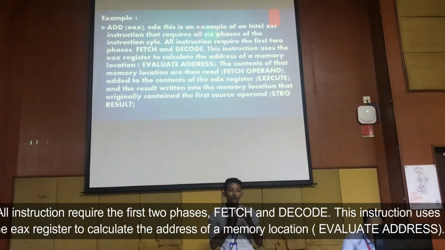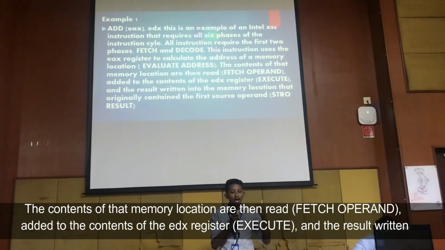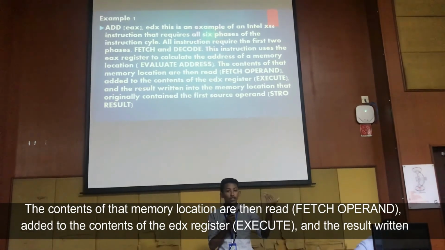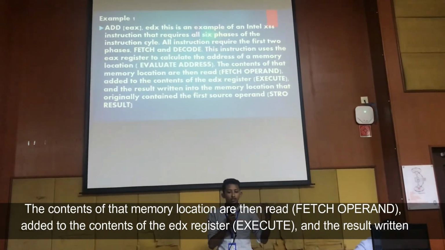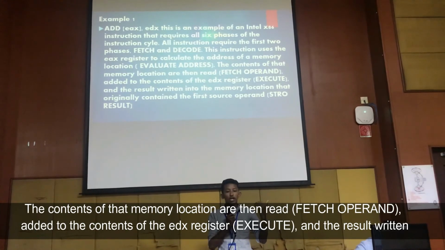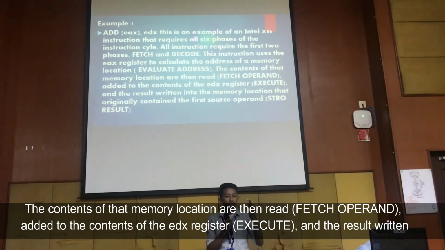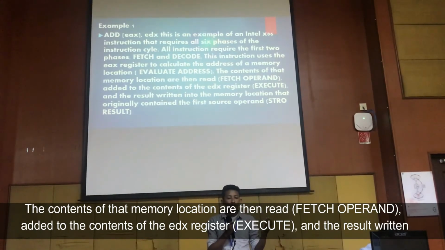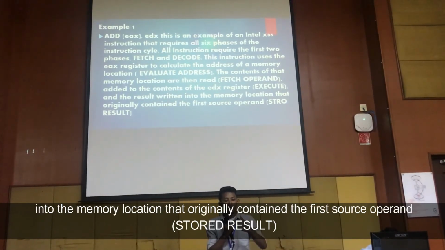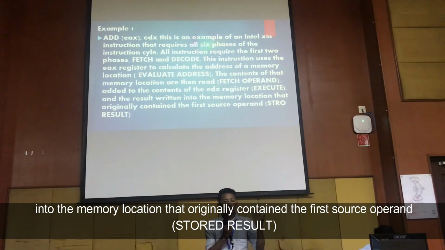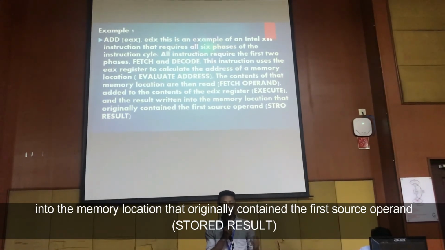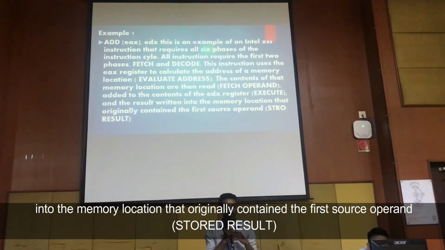The content of that memory location is then read, fetch operand, added to the content of the EDX register, that's execute, and the result written into the memory location that originally contained the first source operand, store result.